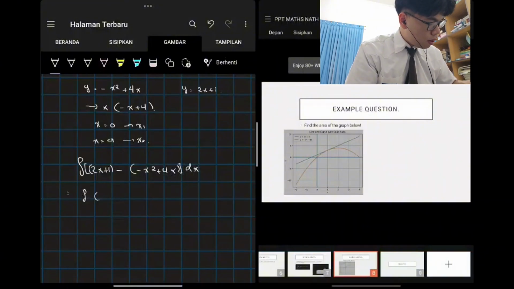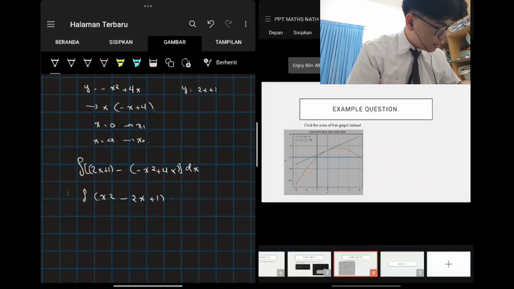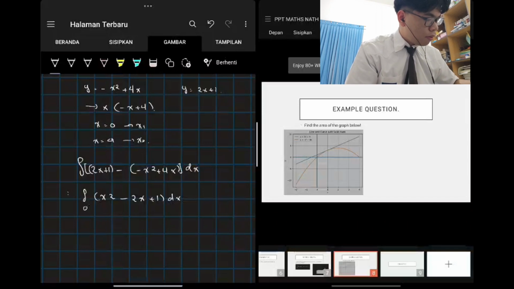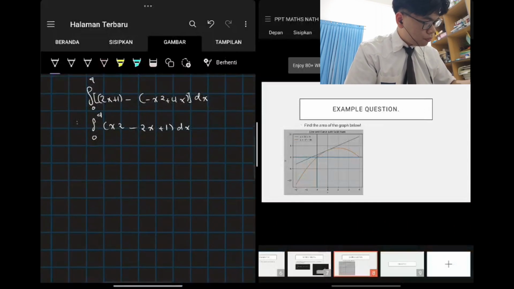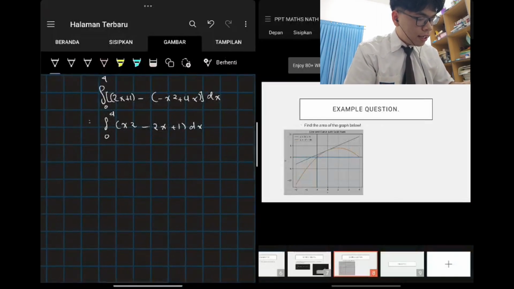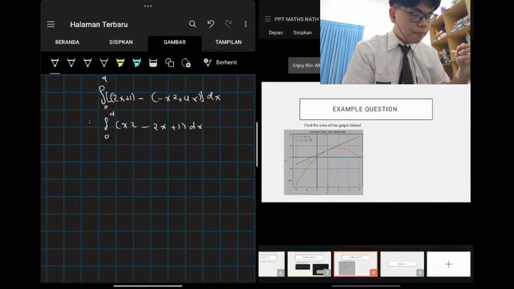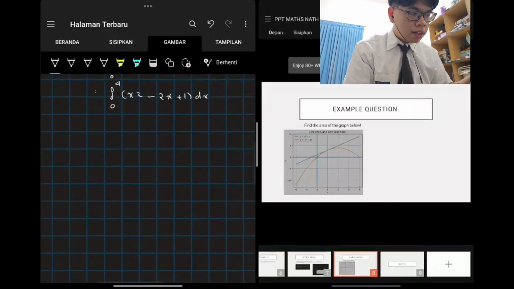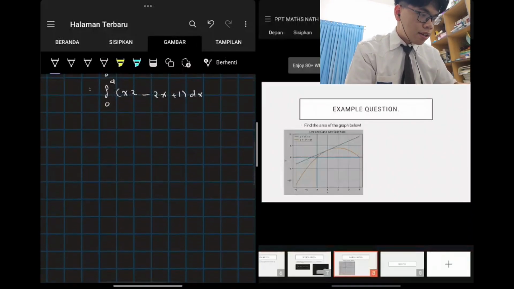We got the integral of x squared minus 3x plus 1 dx from x equals 0 to x equals 4. Remember the integration rule, the power of the x plus 1 becomes the denominator.